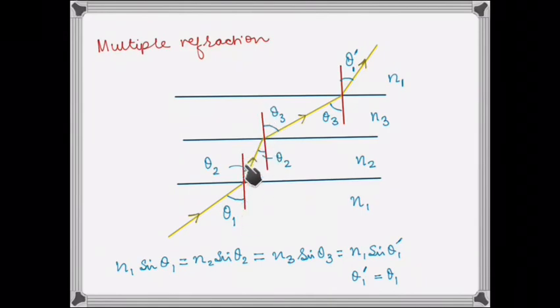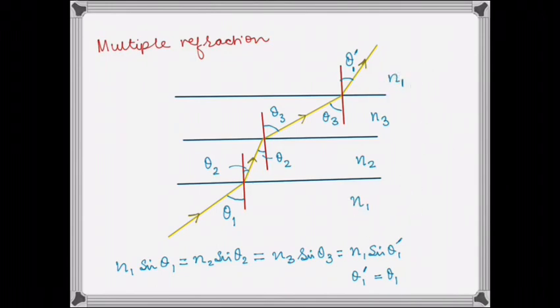These are two parallel lines and a third line is cutting them, so these are alternate angles. If you apply Snell's law at this point, it will be n2 sine theta 2 equal to n3 sine theta 3. So that comes in continuation, and similarly go on applying Snell's law at every point. So you'll have this chain of equations. From this you can very easily see n1 sine theta 1 is equal to n1 sine theta 1 dash.